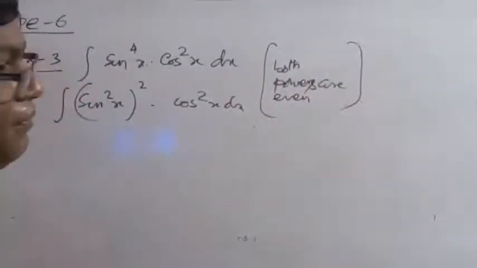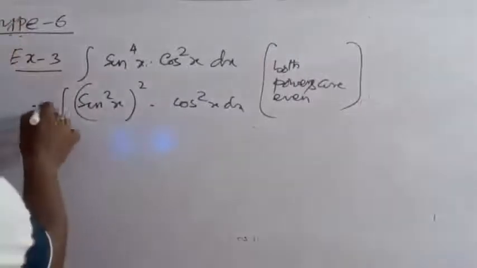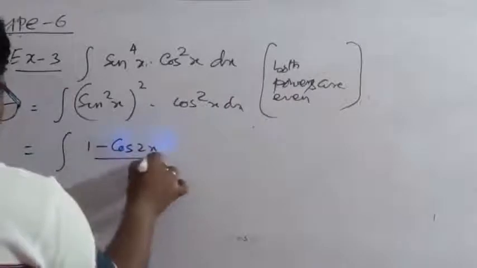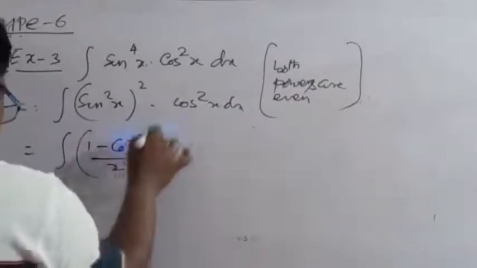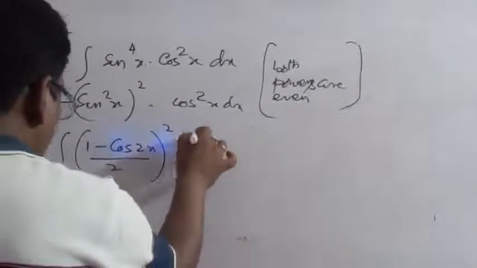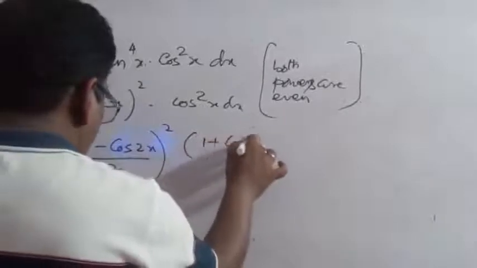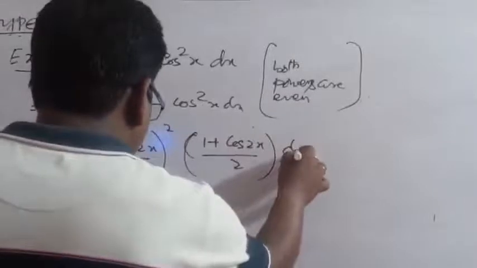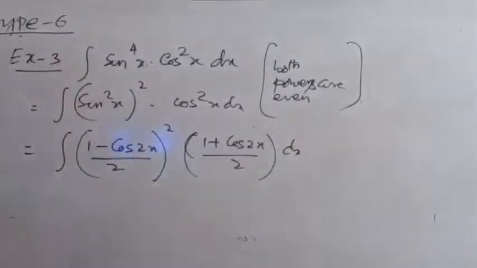The multiple angle formula is applied here. This is equal to ((1 minus cos 2x) by 2) whole square, and this is (1 plus cos 2x) by 2 dx.